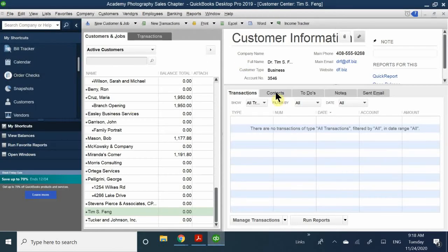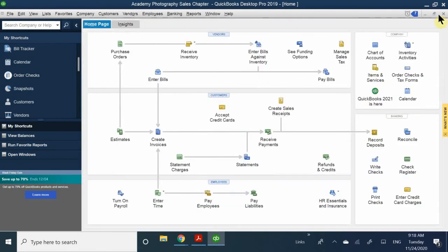So again, let's go ahead and explore the options that you can do when it comes to doing a sales receipt. First things first, as always, you can enter in a sales receipt right here on the home page, right here, create sales receipt.